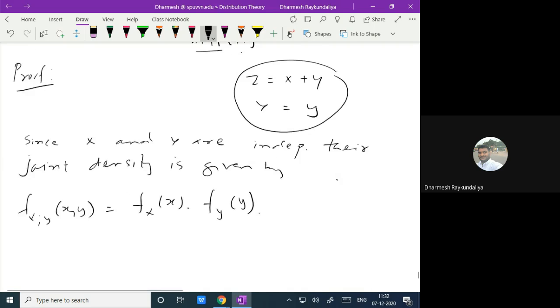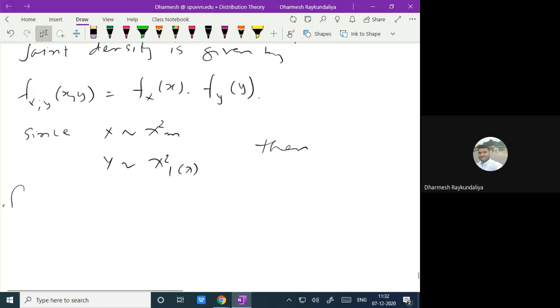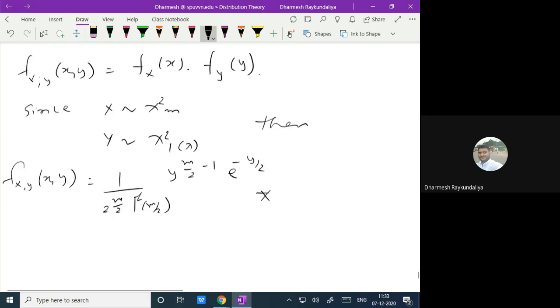So we know that since x is distributed as chi-square m, y is distributed as chi-square with 1 and lambda, then f_XY(x,y) is equal to, what is the f_X(x), that is chi-square m, it is 1 upon 2 raised to m by 2 gamma m by 2, x raised to m by 2 minus 1 e raised to minus x by 2, multiplied by chi-square with 1 lambda.